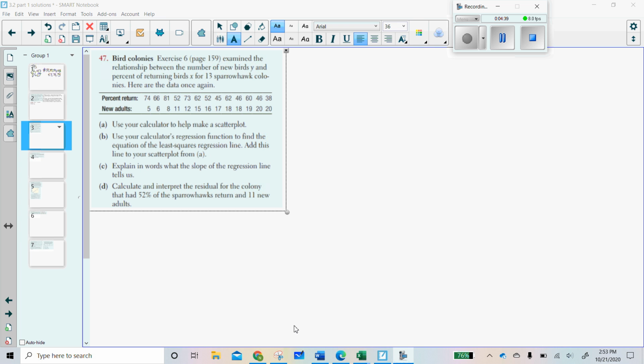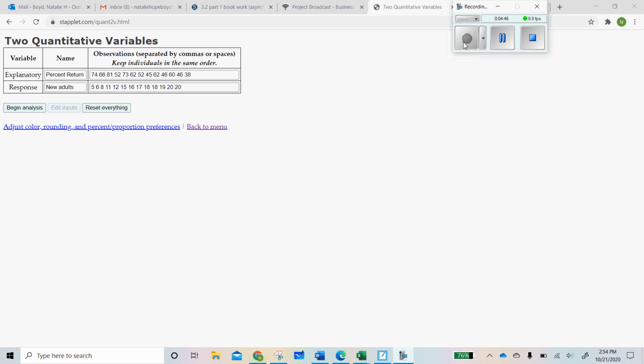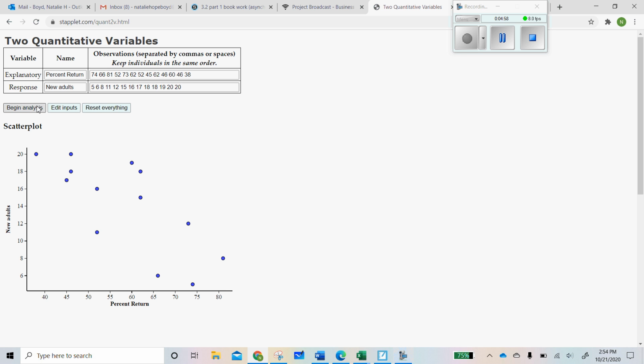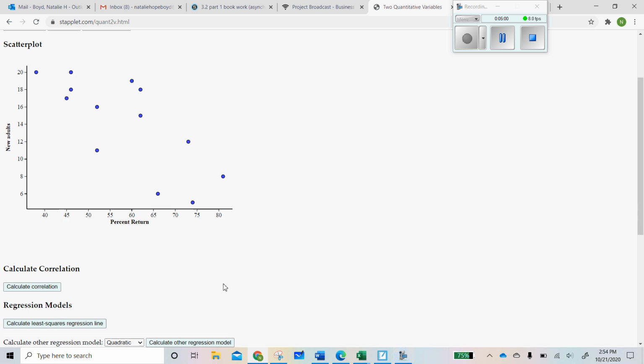So I'm going to go to this tablet. Here it is, and I typed in the numbers, and I went to 2 quantitative variables. That's what we'll do for all the scatter plot problems. Then I typed in the percent return and the new adults. I hit begin analysis. There it is.